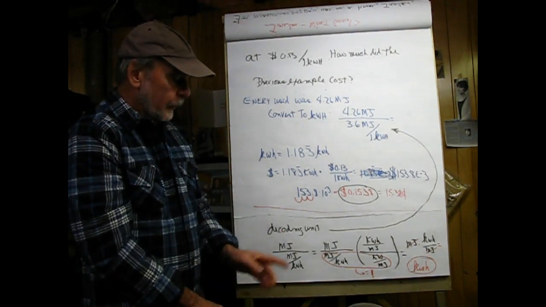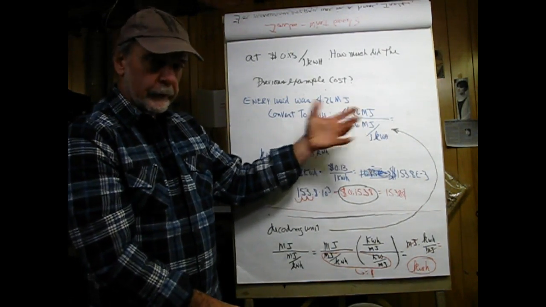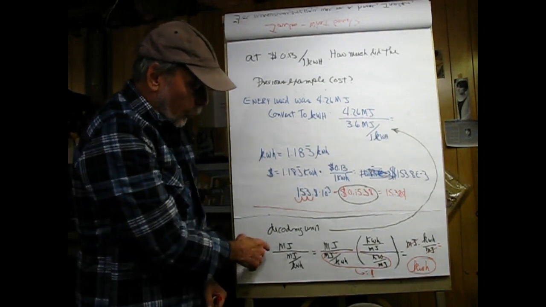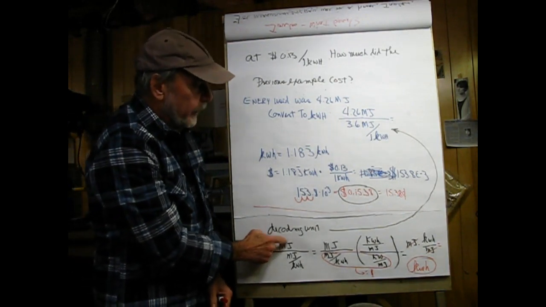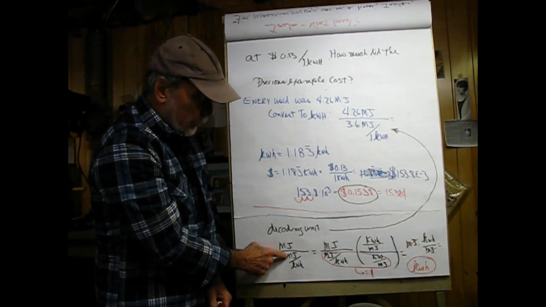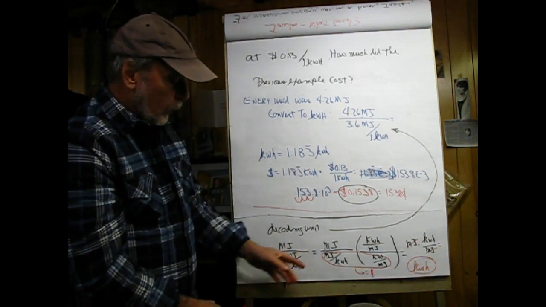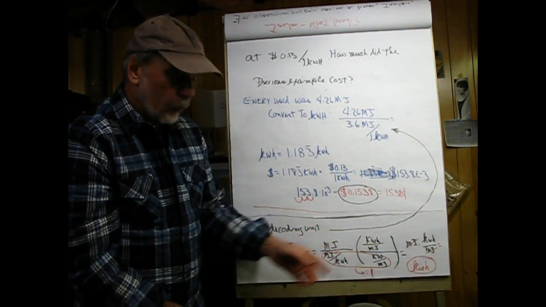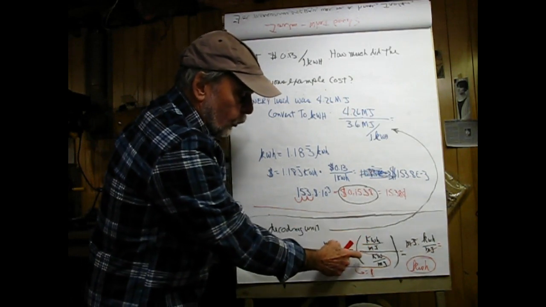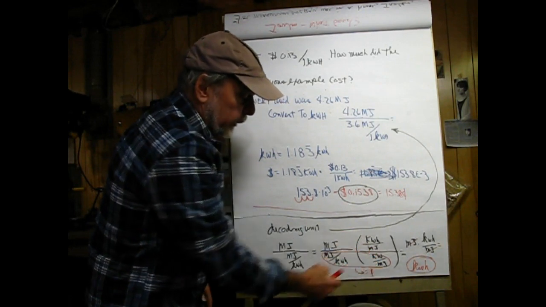So let's spend a little time decoding the units here, because this can be pretty intimidating when we talk about fractions. I'm starting out only worried about the units, and I have megajoules in the numerator divided by megajoules per kilowatt hour in the denominator. What I'm going to do is multiply this by 1, which is kilowatt hours over megajoules divided by the same thing, kilowatt hours over megajoules.